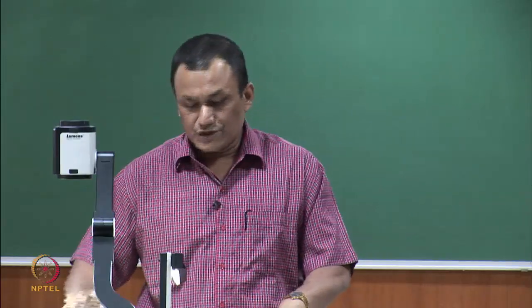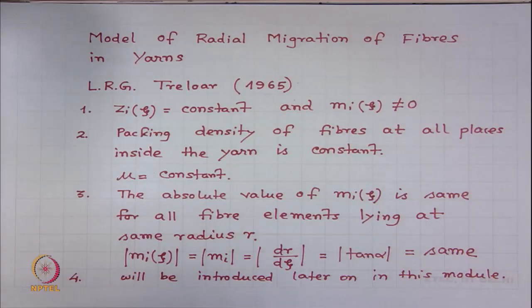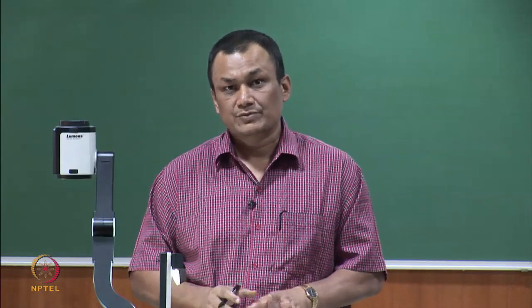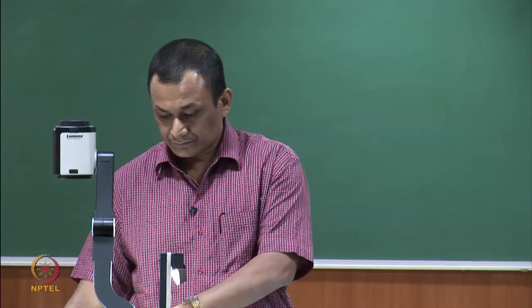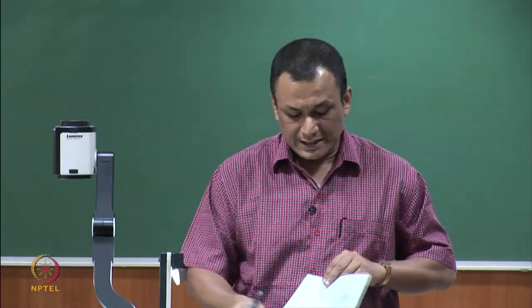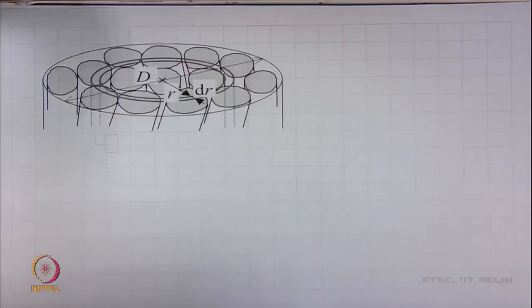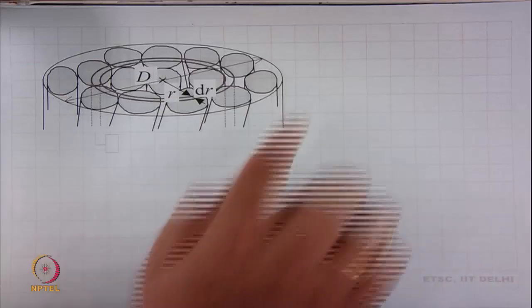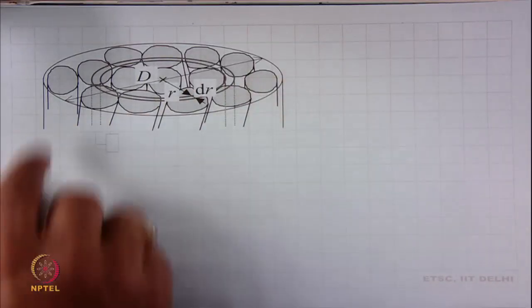Now, based on these three assumptions, it is possible to derive certain theoretical relations. We are interested in finding out those relations at this moment. For that purpose, let us think about the cross section of a yarn. It is a typical cross section of a yarn, a cylindrical body.